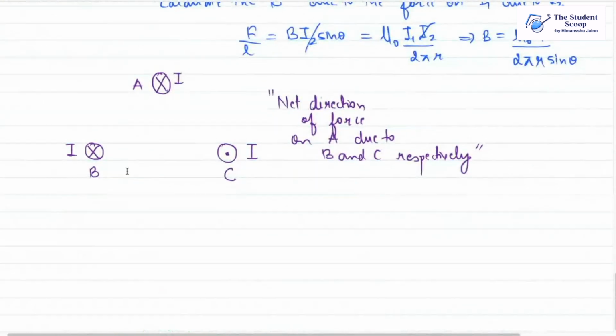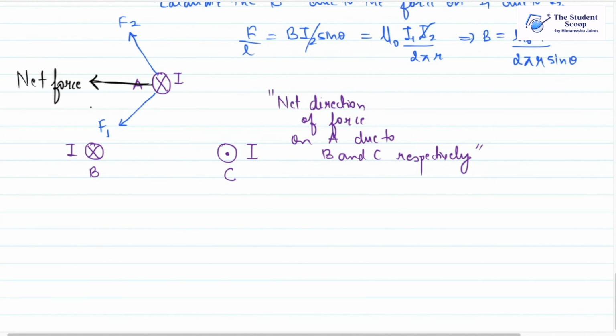And we want to find it only on A. So we definitely know now that A will get attracted towards B. Let's call that force F1. And A will be repelled by C. Let's say that is F2. So we can say that the net direction will be towards the left, right? Yeah. Is everyone clear? This is how we find it out. Is that clear to everyone? Yes, sir. Okay. So these are common questions in MCQs, you'll find them a lot.